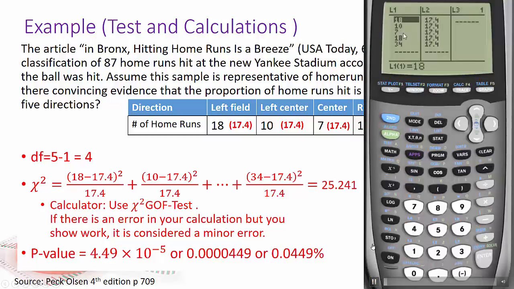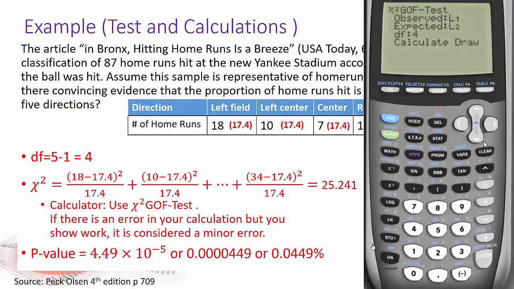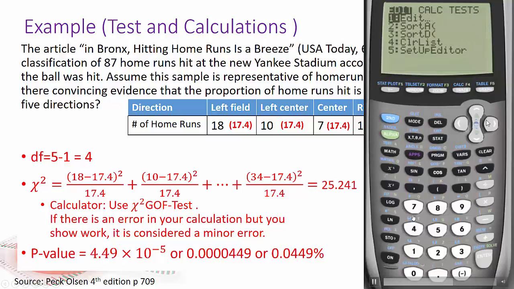Then once I've got both lists entered, I'm going to hit stat and test. Scroll down, it's pretty far down, chi-squared goodness of fit test. See how it has list 1 and list 2 for observed and expected, and degrees of freedom, and then I hit calculate, and there you can see there's my chi-squared value, which actually matches down here, and my p-value.